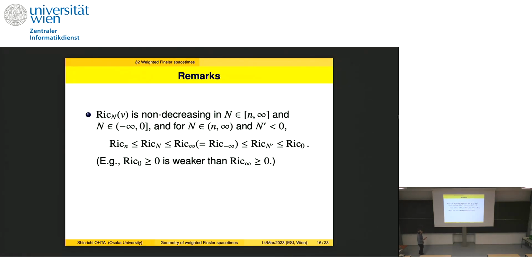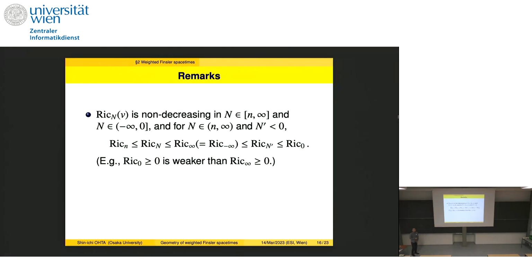And more precisely, we have this monotonicity. So at small n is the smallest curvature. And from small n to infinity, it's non-decreasing. And so Ric_infinity is also interpreted as Ric_minus infinity. And it's again non-decreasing from minus infinity to, say, 0.